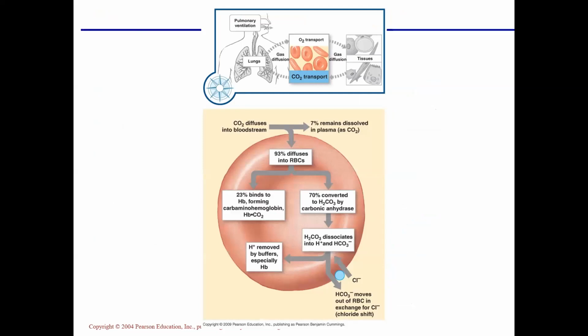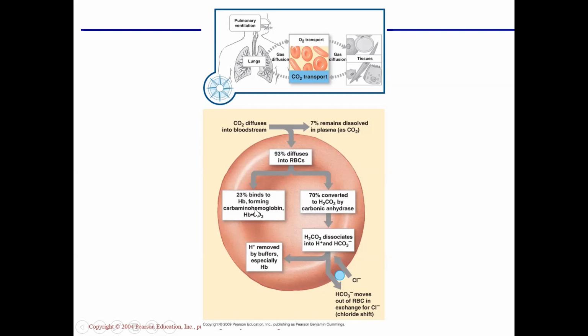we're still talking about oxygen transport, right? We talked about oxygen combined with hemoglobin and transported in RBCs. This one is giving you some ideas for CO2 transport. CO2 is also transported in blood, but CO2 can diffuse into the RBCs and bind to the hemoglobin.